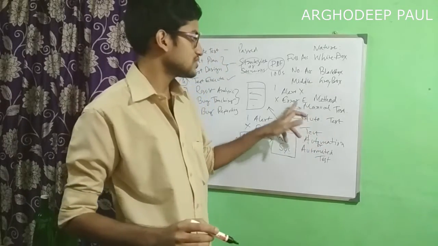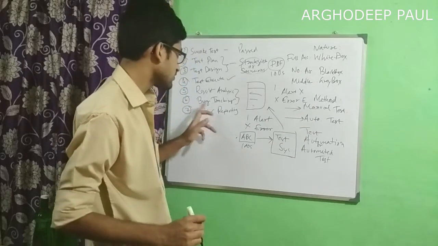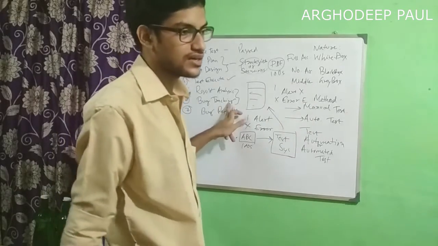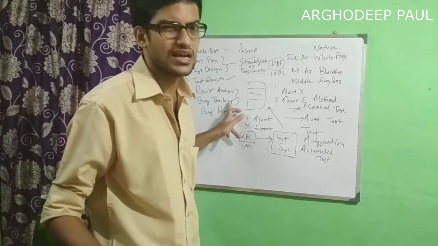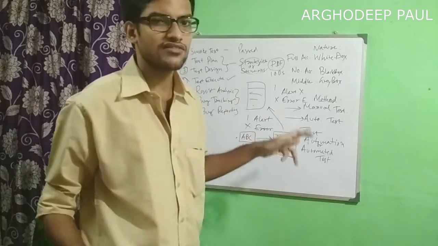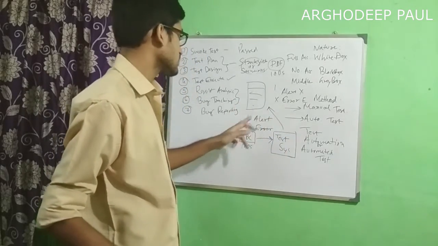What is the actual reason behind this alert or this error? That's why we also need to perform bug tracking, and this is basically done by a special application called a bug tracker, which would perform the bug tracking on this application.